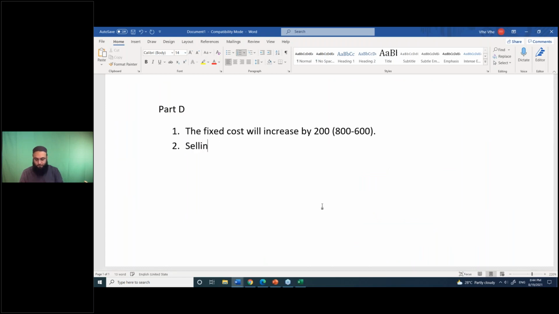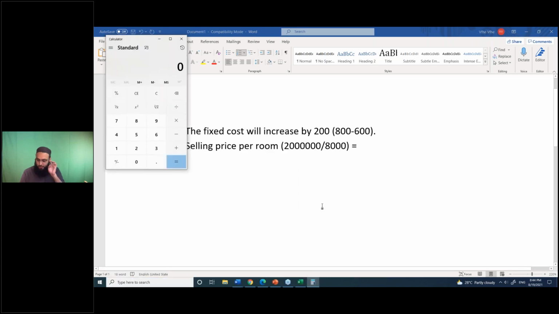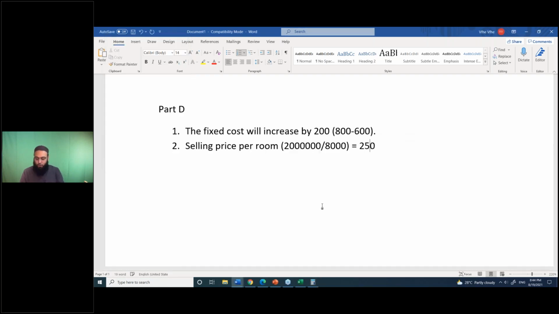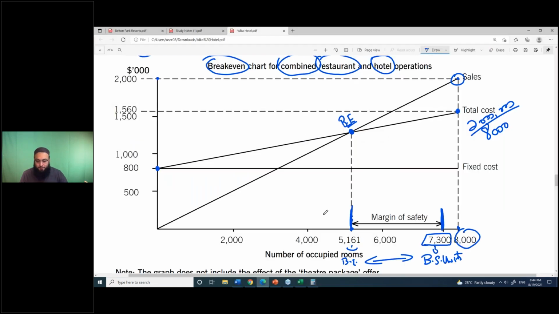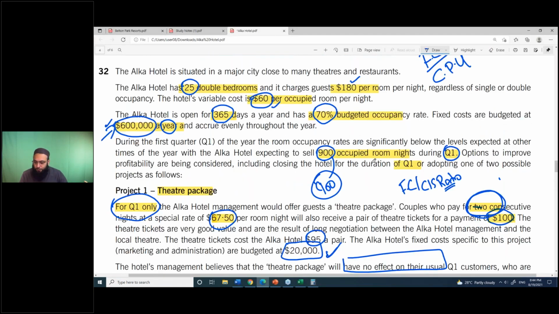selling price per room is how much? Let me work out. 250. It's 250 per room compared to previously how much it was? 180 per room.